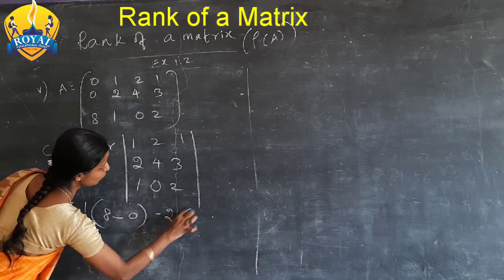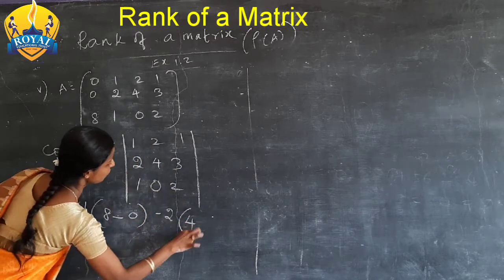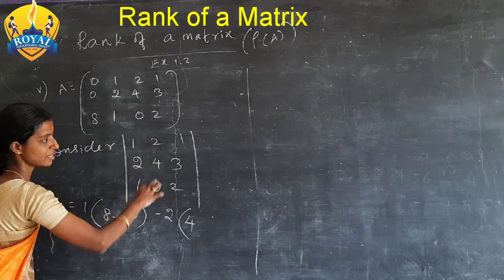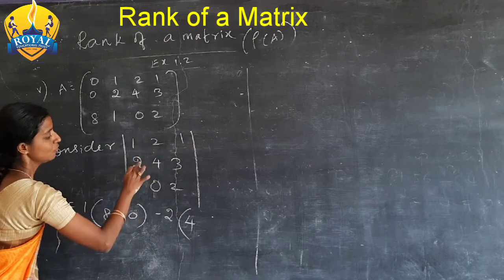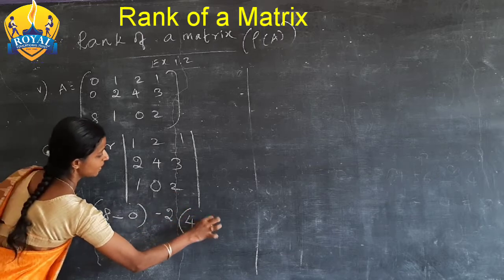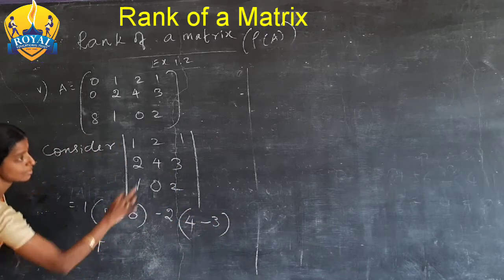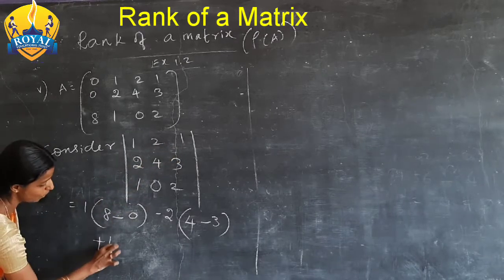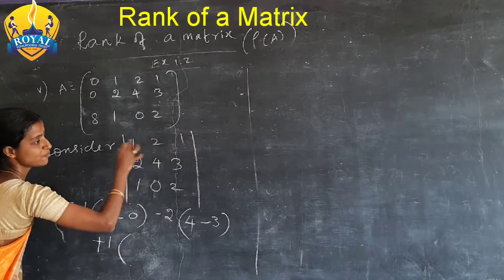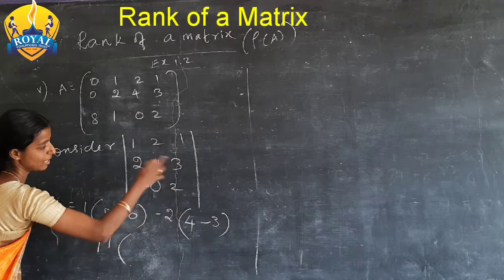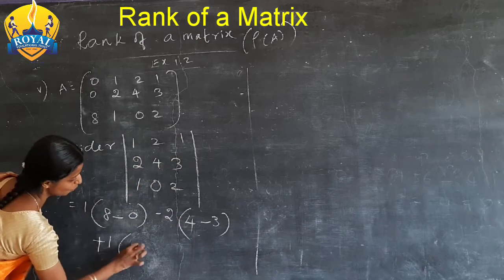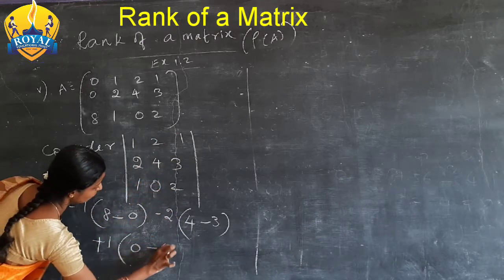Minus 2 into 2 twos are 4, deleting the corresponding column and row, 2 twos are 4 minus 3 ones are 3. Plus the last element of the first row, 1, deleting the corresponding column and row, I have 2 zeros are 0 minus 4.